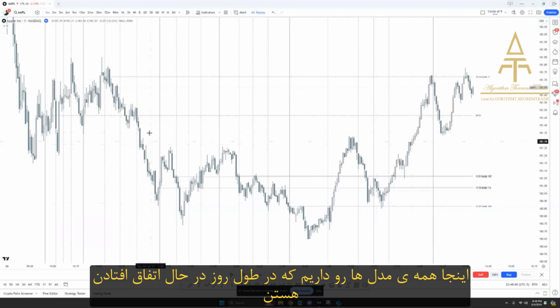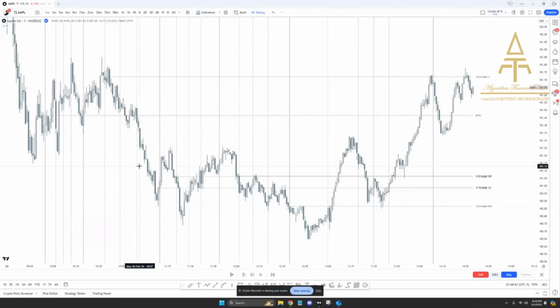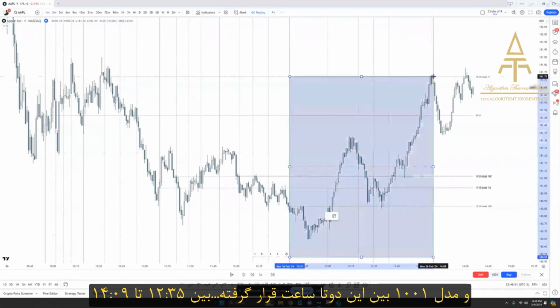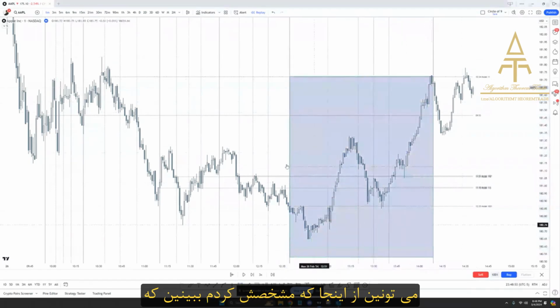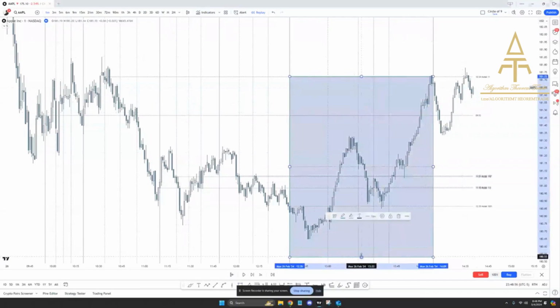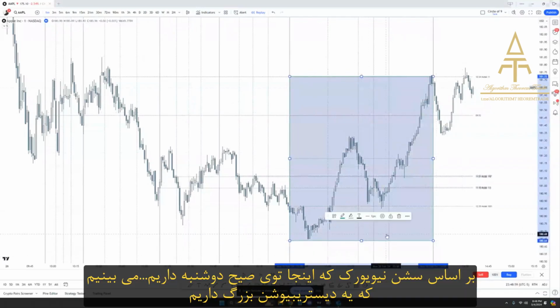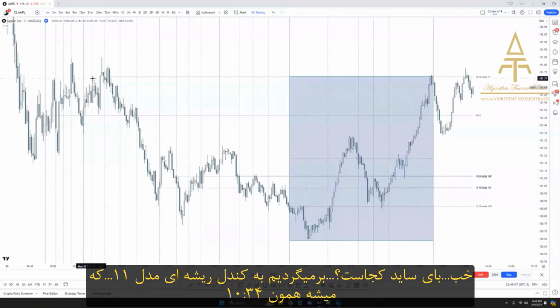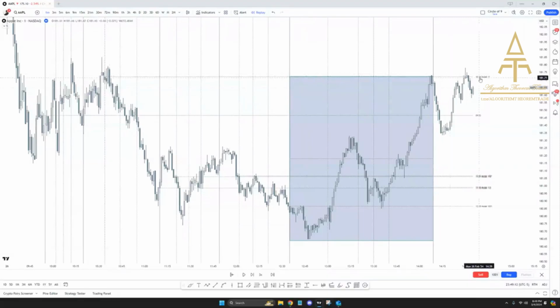Here we have all the models taking place throughout the day. And model 1001 is located within this vicinity right here, between 1235 to 1409. You can already see from what I've highlighted, just based off this New York session here on a Monday morning, that there's a large distribution towards buy side, specifically back to model 11 root candle 1034.